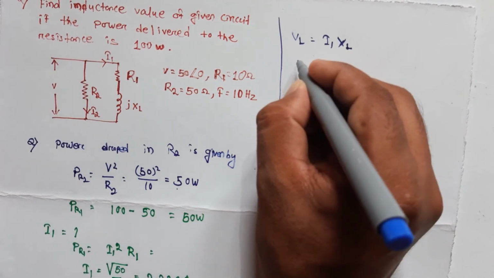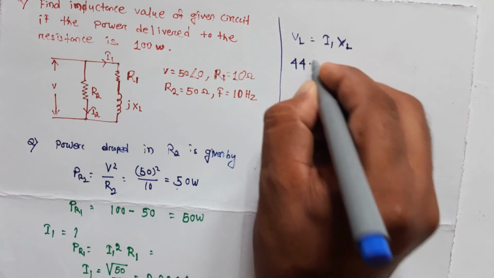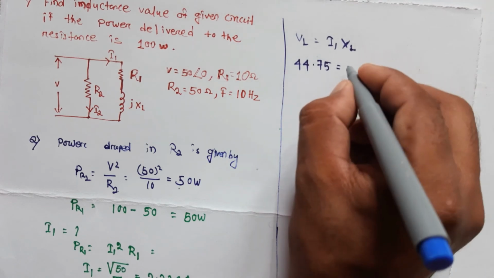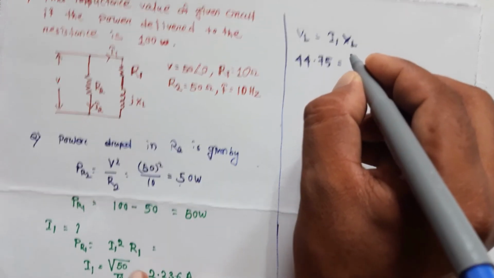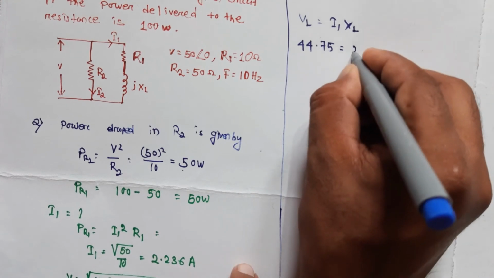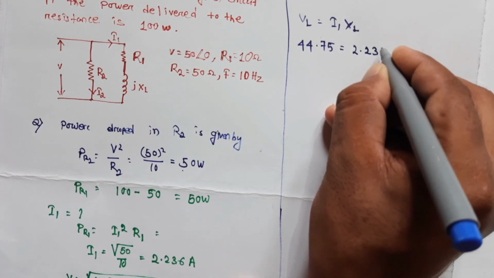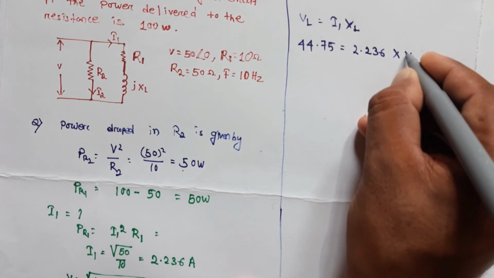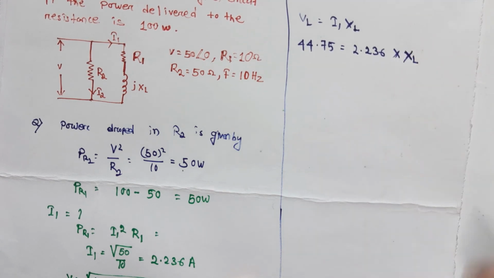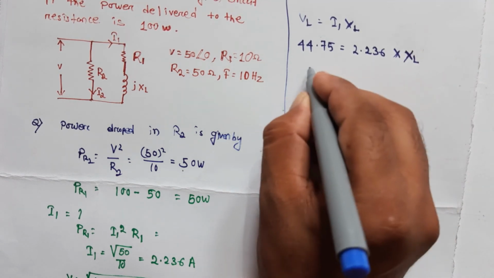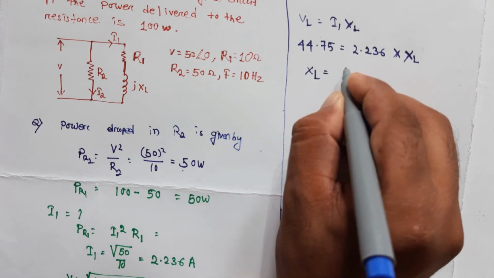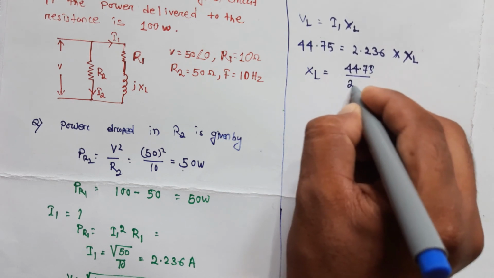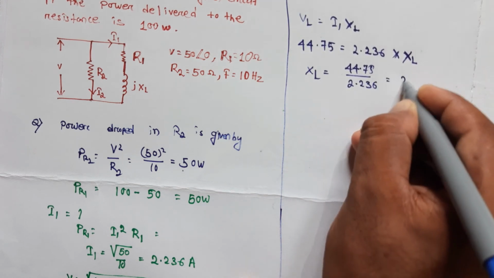So put the previously calculated VL value 44.75 equal to I1 value 2.236 into XL. So we can find XL equal to 44.75 divided by 2.236, which is equal to 20 ohm.